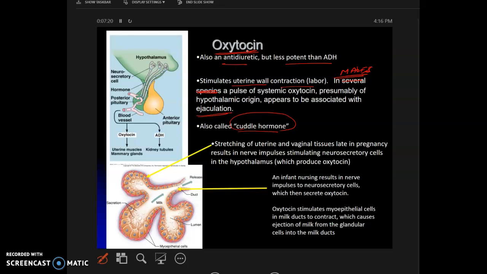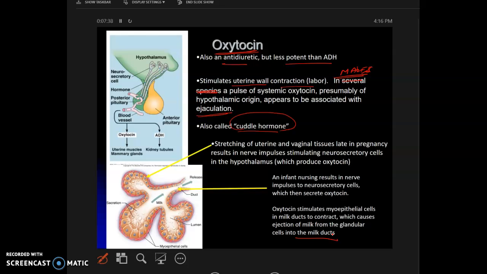Now, another function is, whenever oxytocin is produced, it will also result in stimulation of prolactin. So here it will result in milk production. Got it?